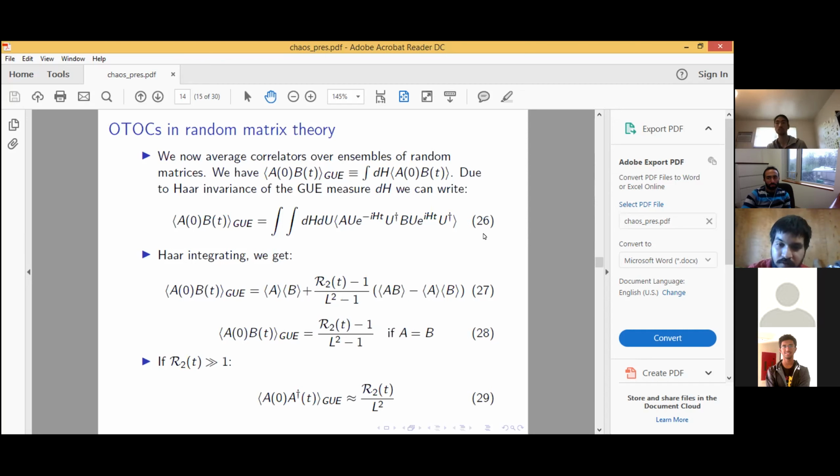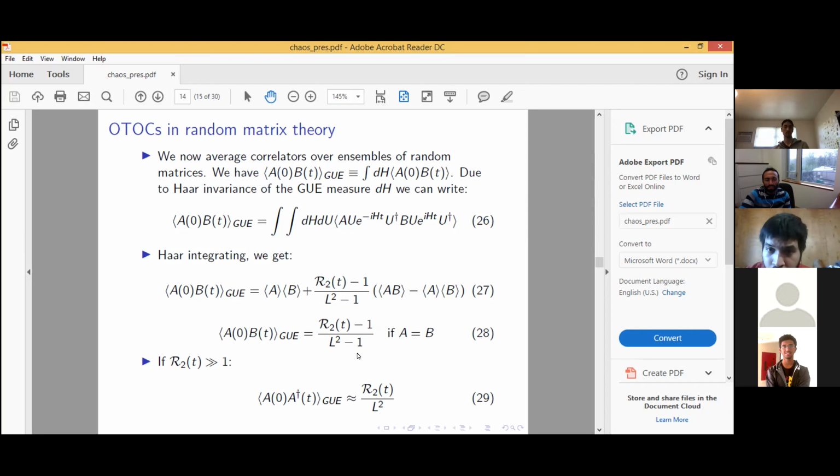After performing the Haar integral, we find that the average value of the 2-point function is given as in equation 27. It turns out that if A and B are not equal to each other, the average value will go to 0. And if A and B are equal to each other, then it takes the value R_2 minus 1 divided by L squared minus 1.